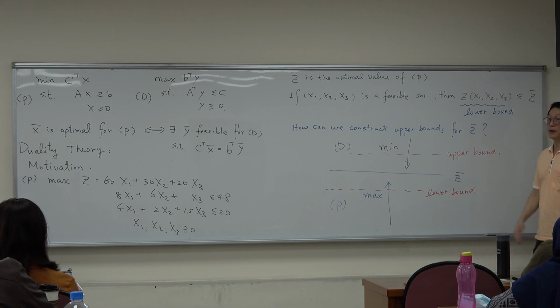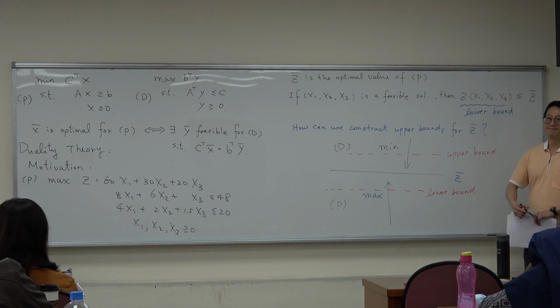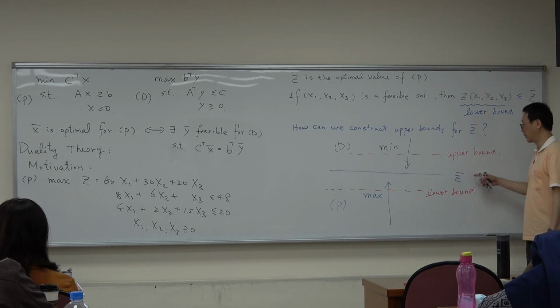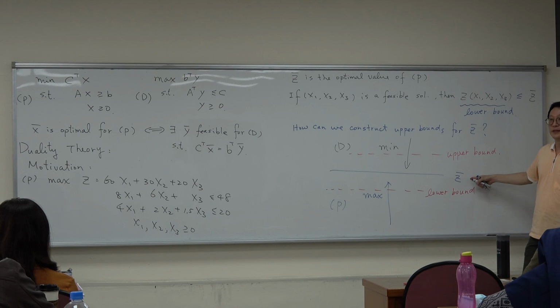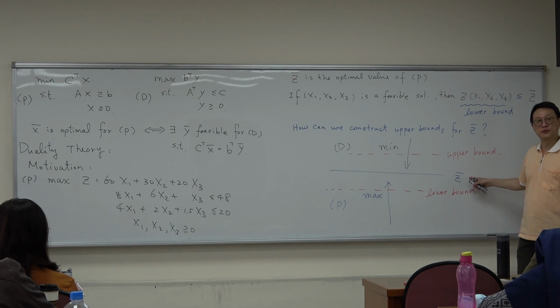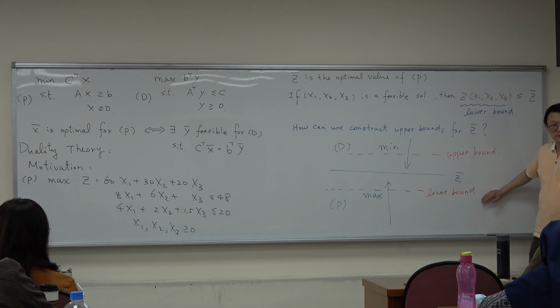For the lower bound and upper bound, let's not care about it because I can find the optimum solution. But in the future, when your problem is too huge, too complex, you cannot find the optimum solution. For the primal problem, you can find the lower bound only. Okay?